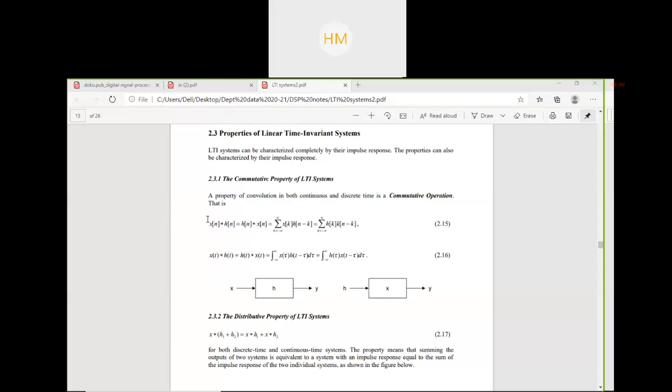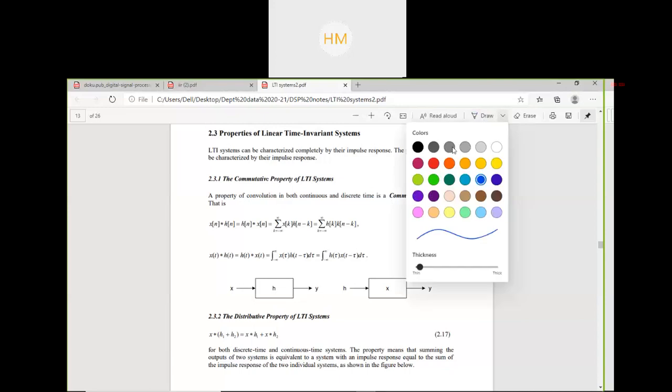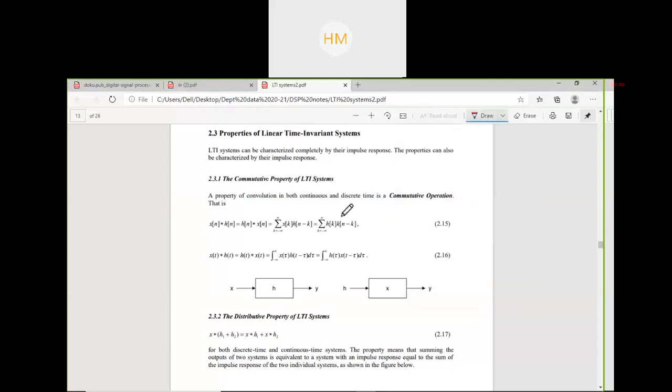So this is for discrete time domain. This one is for discrete domain. And this is for continuous domain, and which is not required. Okay. So commutative property means interchanging of input.